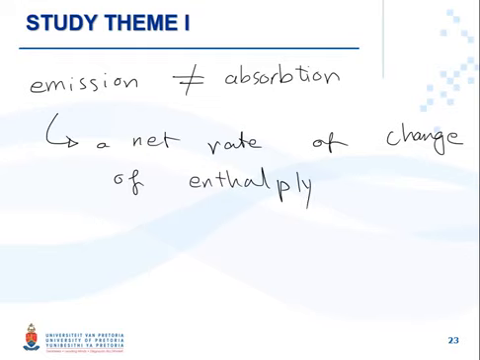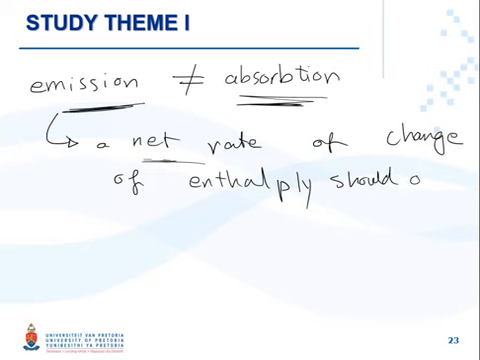So if emission is not the same as absorption, we should have a net rate of change of enthalpy, and this net rate of change of enthalpy should occur inside the black body.